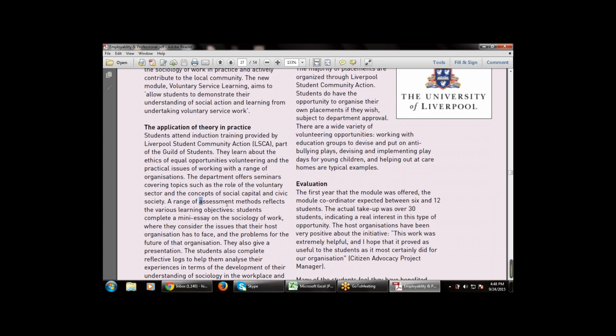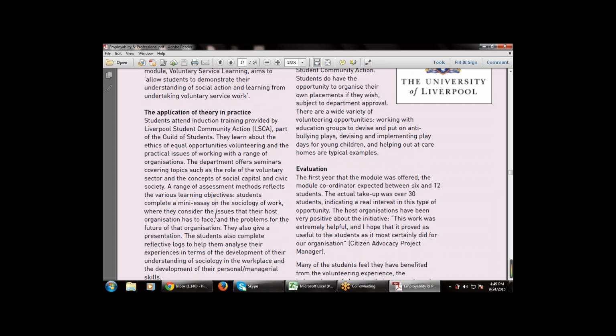The range of assessment methods reflects the various learning objectives. The students complete a mini essay on the sociology of work, where they consider the issues that their host organization has to face and the problems for the future of that organization.